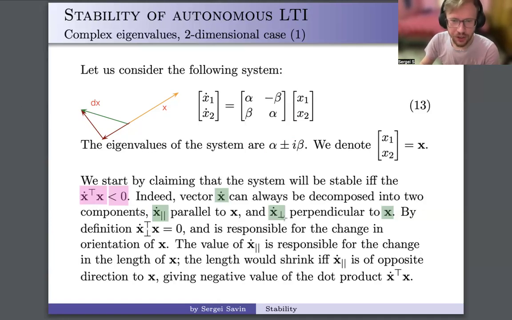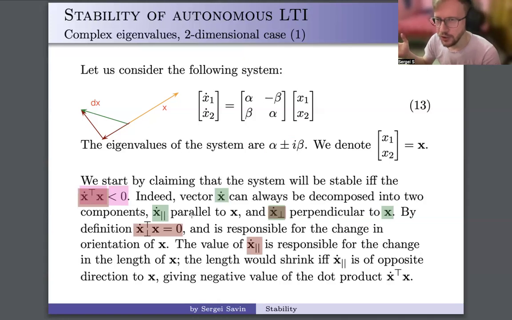Now, by definition, this perpendicular component, when it is multiplied by x via dot product, is going to be equal to 0, right? So this product will be equal to the product of x dot parallel times x.